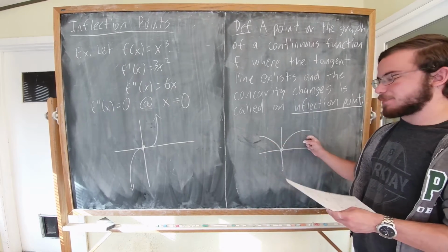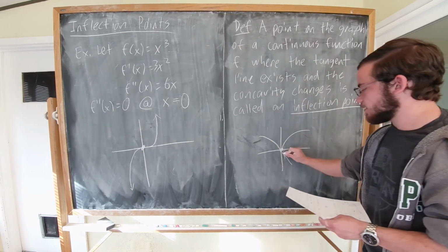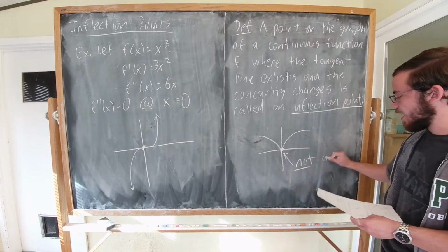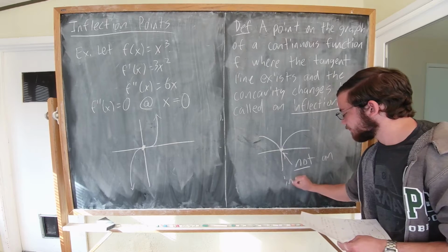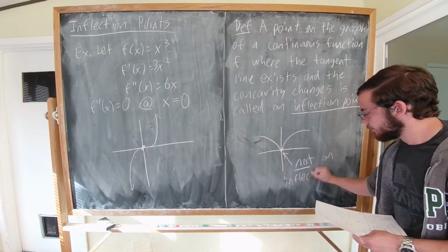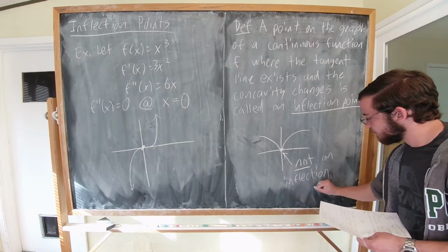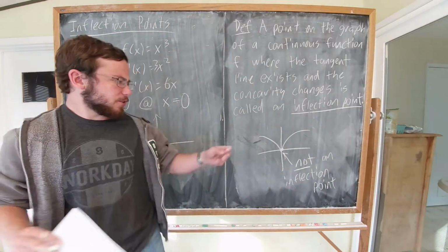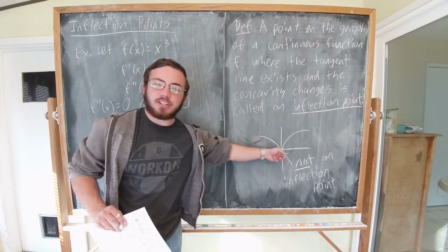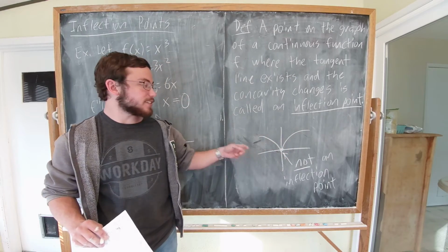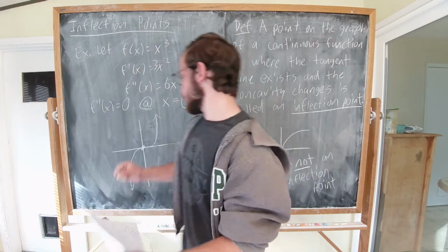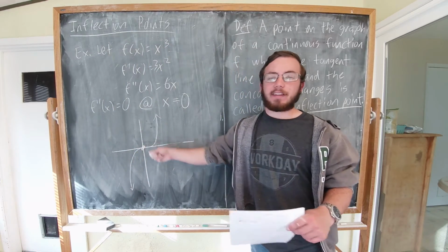This is bending down, this is bending up, but this would not be an inflection point, because even though the concavity is changing, the tangent line does not exist there. So we want to count away points that look like that, but include things that look like that.